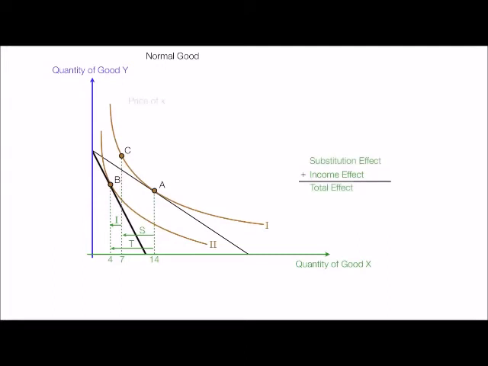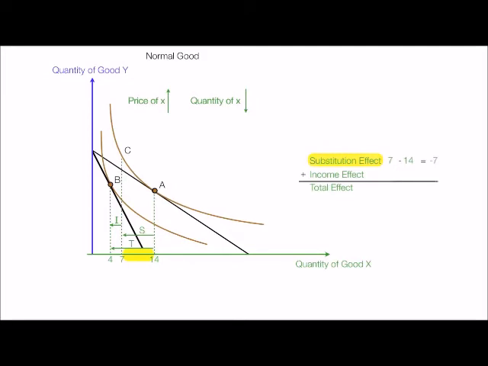So as the price of X goes up, the quantity of X consumed goes down. The substitution effect is that distance, which is 7 minus 14. 7 minus 14 is equal to negative 7.